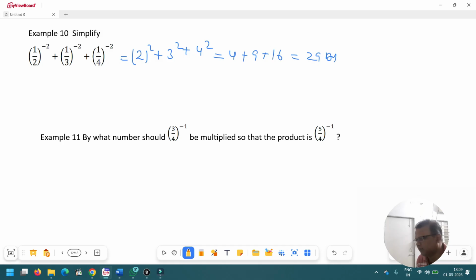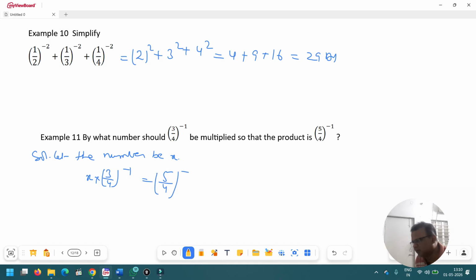Consider the next example. By what number should 3 by 4 to the power minus 1 be multiplied so that the product is 5 by 4 to the power minus 1? Solution. Let the number be x. x into 3 by 4 to the power minus 1 is equal to 5 by 4 to the power minus 1.